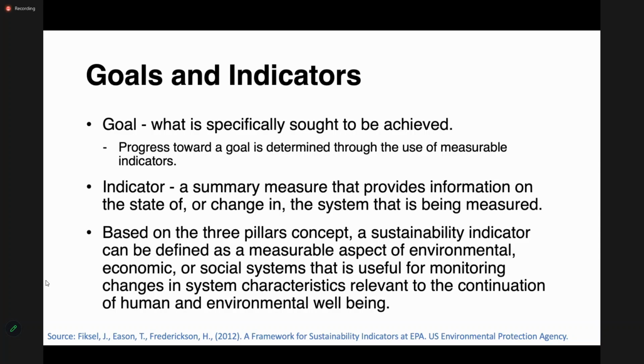So how can we measure whether you are progressing towards achieving your goal? That you can determine by using a group of measurable indicators. An indicator is basically a measure that will give you information on either the current state or the change in the system that you're measuring, or the thing that you're measuring.